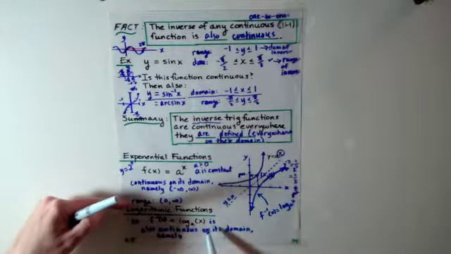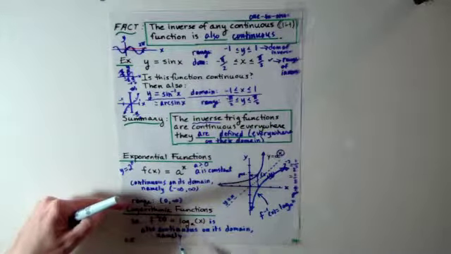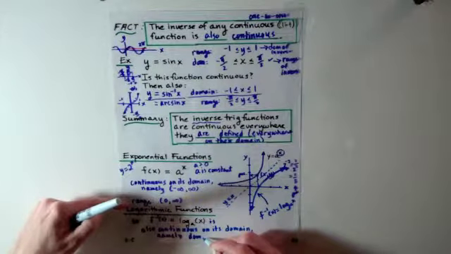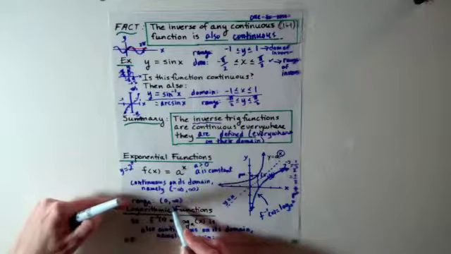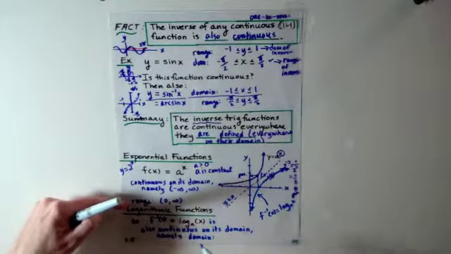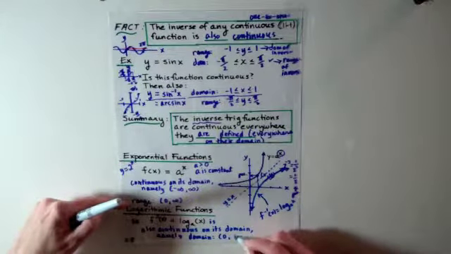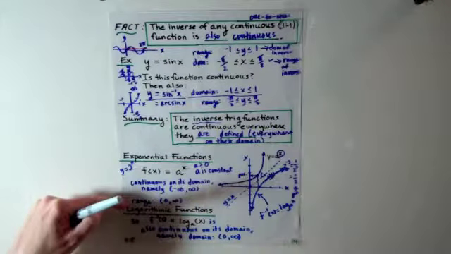So log base a of x is also continuous on its domain, namely this interval. Instead of being all y's between 0 and infinity, it would be all x's between 0 and infinity, but in interval notation it looks identical to the way that we wrote the range of the original function.